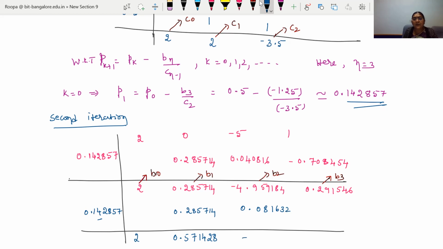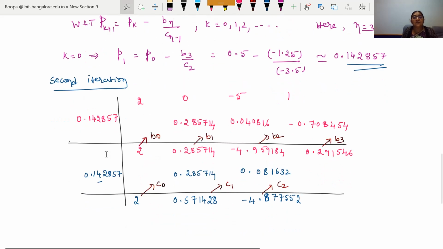Add these two, we get minus 4.87755. These are the values of C0, C1, C2.